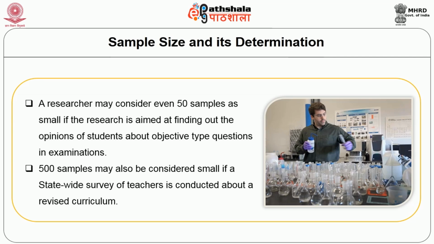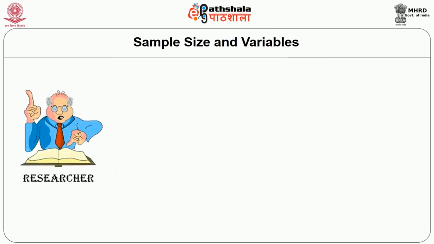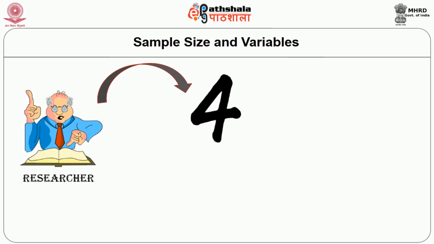Therefore, the terms large and small samples used in this chapter and also in general should be viewed in the context of the specific topic under discussion. Now, let us discuss the various factors affecting sample size determination in detail.